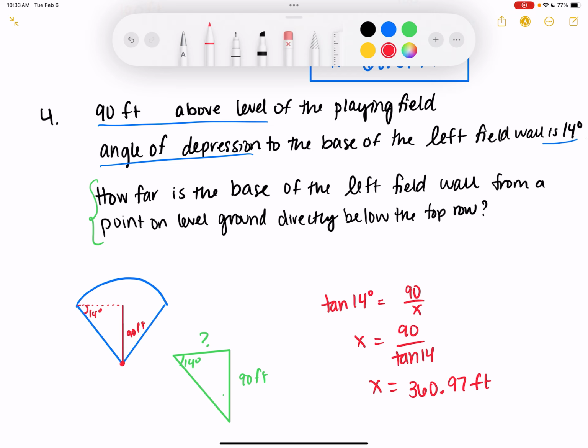And always make sure you put units on there. Gotta have feet. Yeah, I was waiting for one to figure it out. But then they'll do the math.